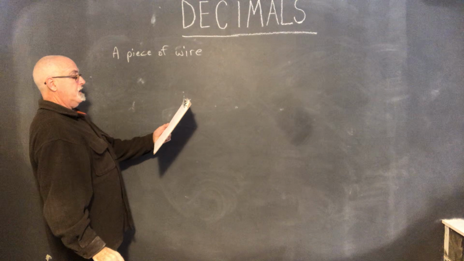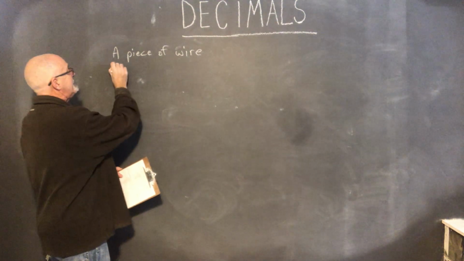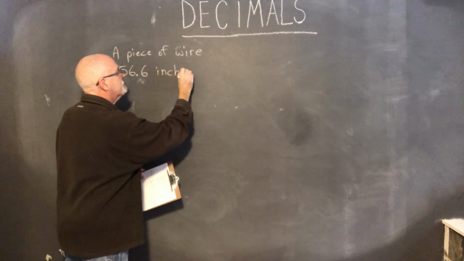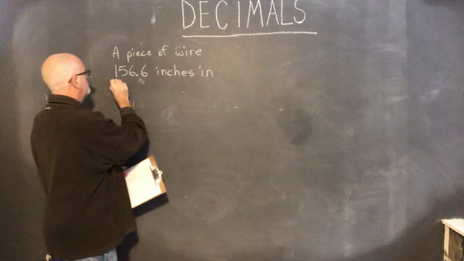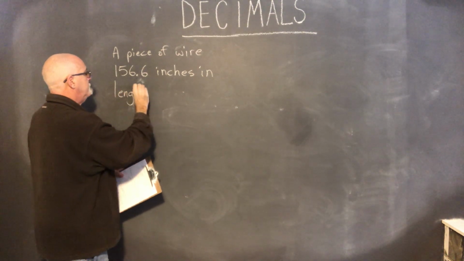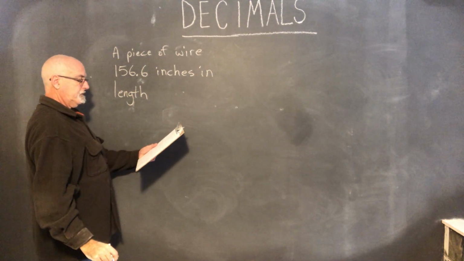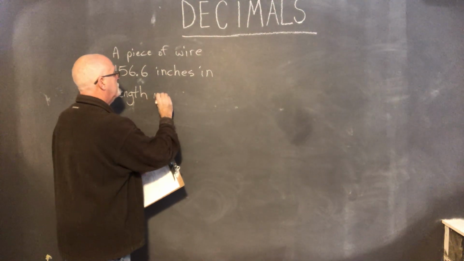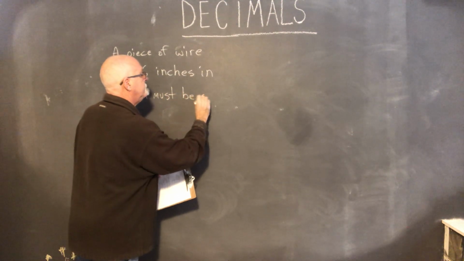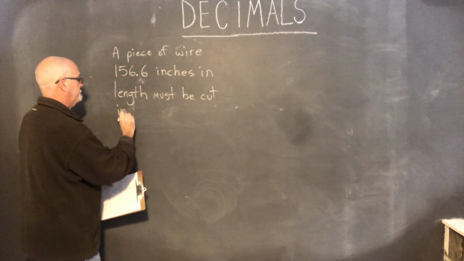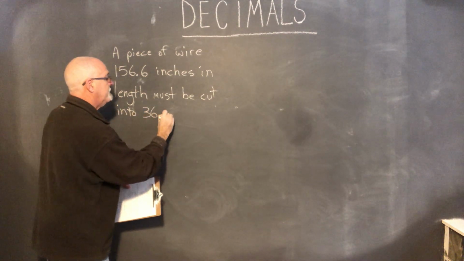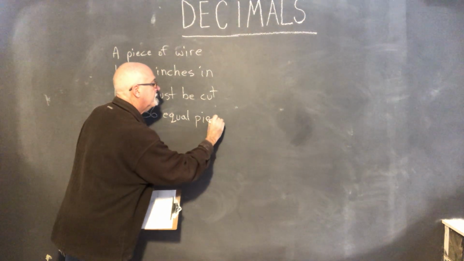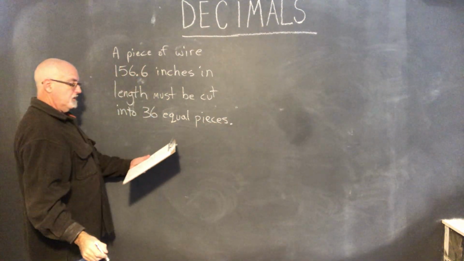A piece of wire, 156.6 inches in length, must be cut into 36 equal pieces. How long will the pieces be?